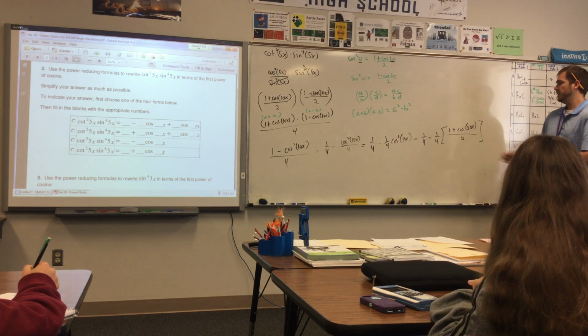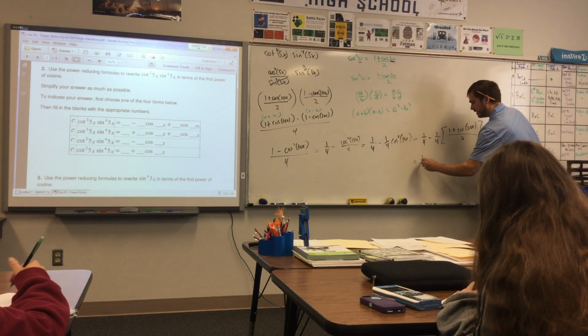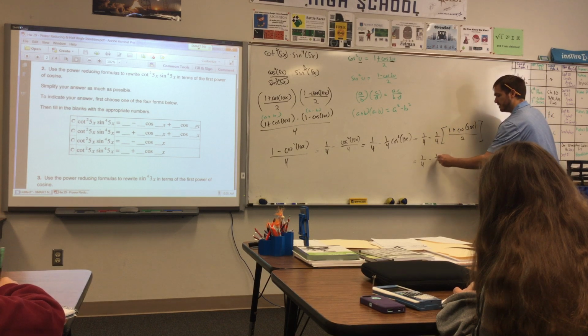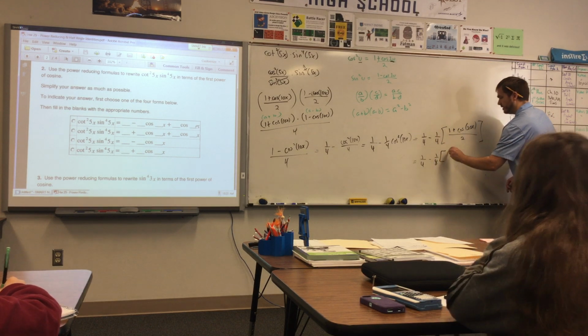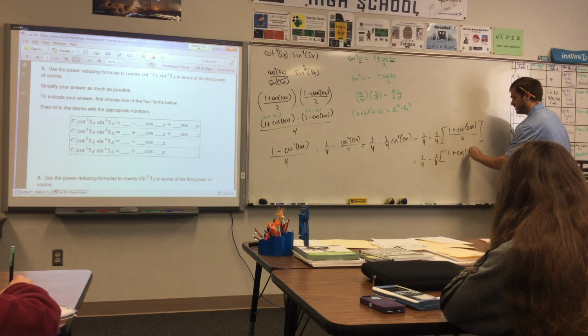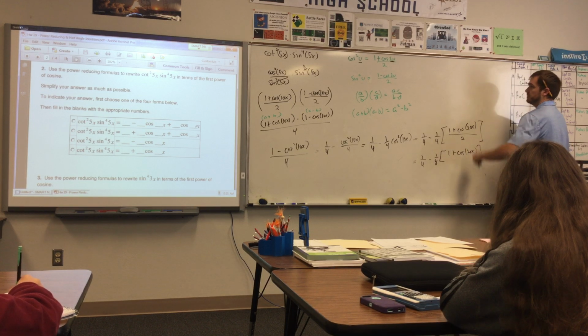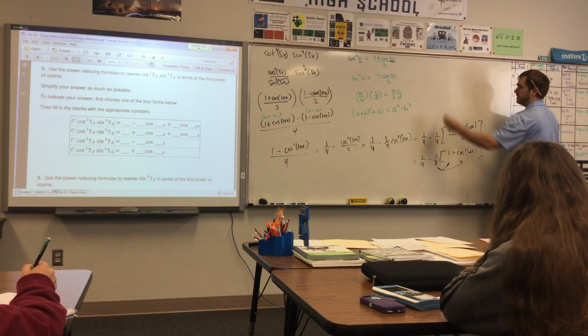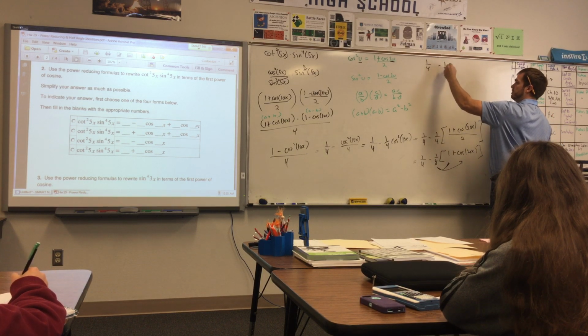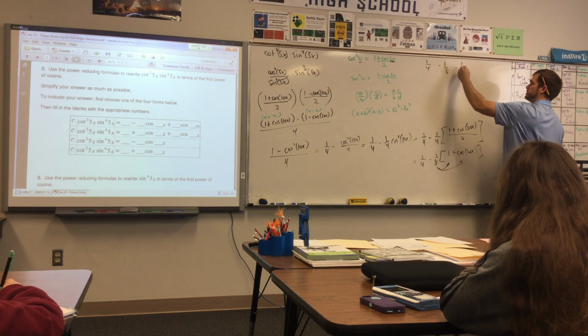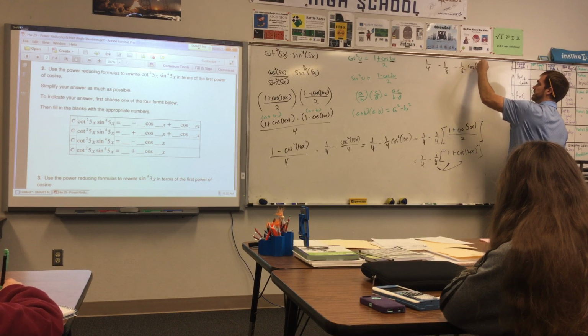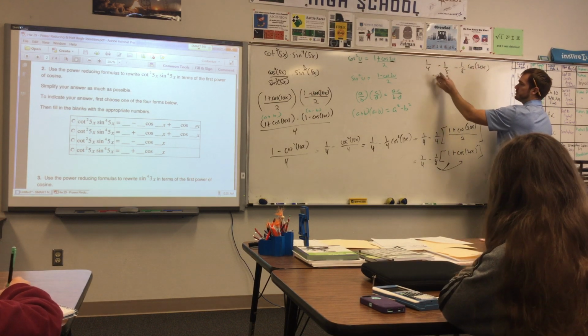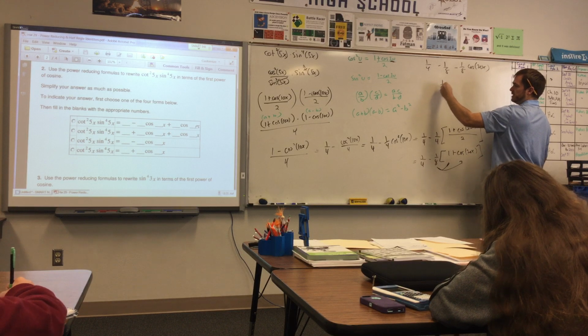I can take the 2 out, so I've got 1/4 minus 1/8, 1 plus cosine 20x. I'll distribute that 1/8. So I have 1/4 minus 1/8 minus 1/8 cosine 20x. 1/4 minus 1/8, I'll just tell you real quick, that's just 1/8.